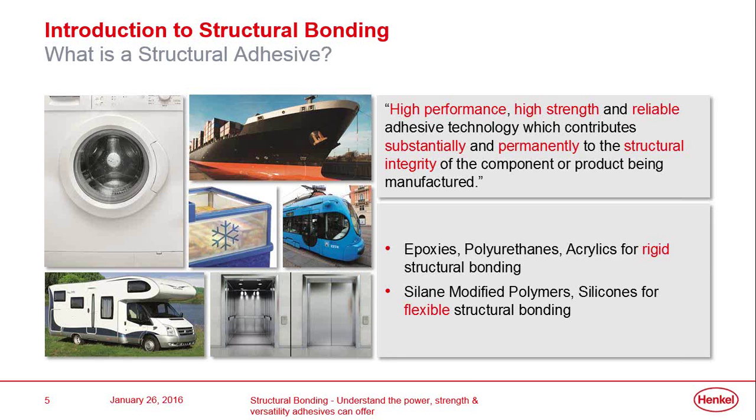Now, just to give you an idea of the difference, here we have a structural epoxy, which you can see is quite stiff and certainly not stretchy in any way, whereas from a flexible bonding point of view, we've got a silicone or a modified silane, and you can see here very, very stretchy, completely different polymer that's been formed. And we'll talk about the differences and where they would be used and why they would be used as we go through the presentation.